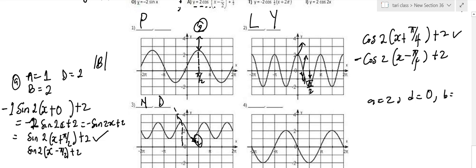okay, B is the distance between the two, pi over 2 and 3 pi over 2. Sorry, that is supposed to be 3 pi over 2. So here will be 3 pi over 2 and here will be negative pi over 2.